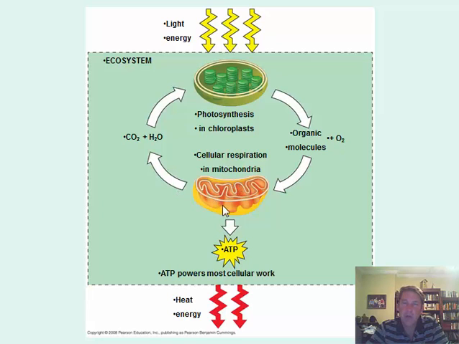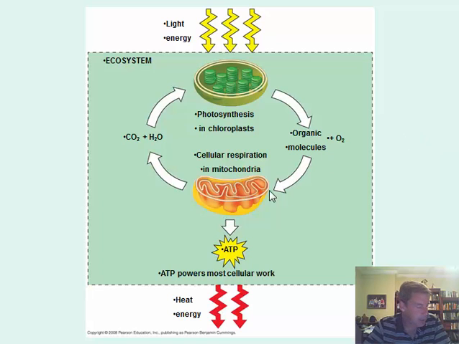There are also some processes that produce ATP without the presence of oxygen, and that is fermentation. Now, it's not as productive, meaning it does not produce as much ATP, but it can occur without the presence of oxygen.